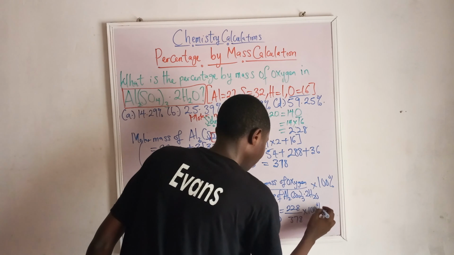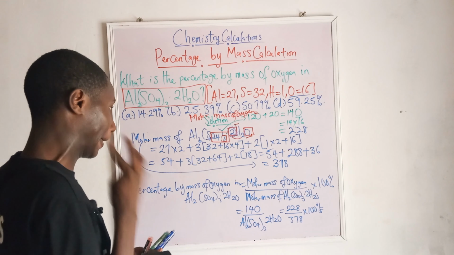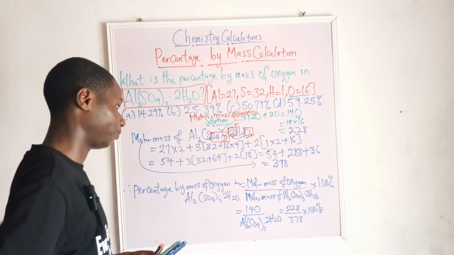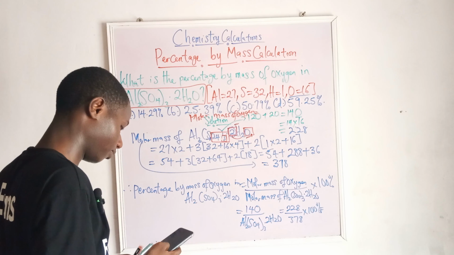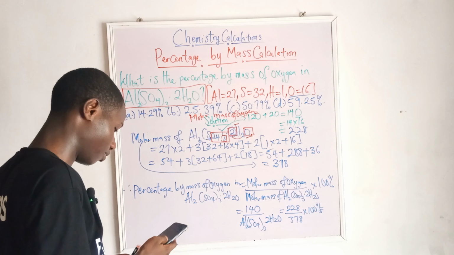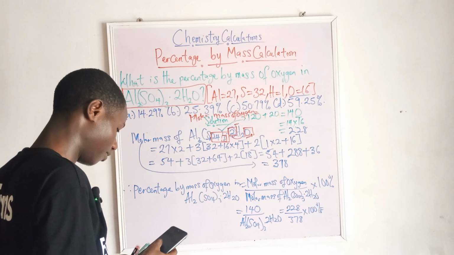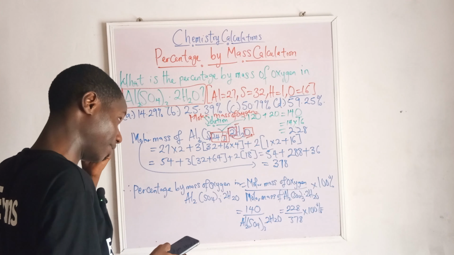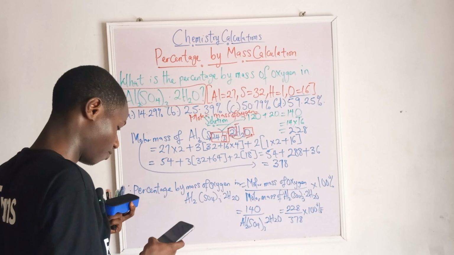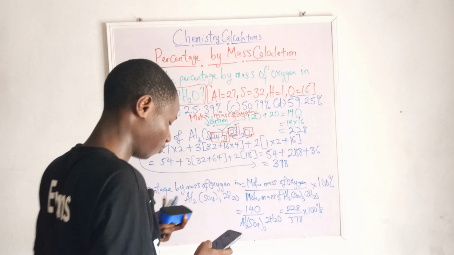So what do we have? So let's press our calculator and confirm. So that would be 228 divided by 378. I think I've made a mistake, 14 times 16 is 224.